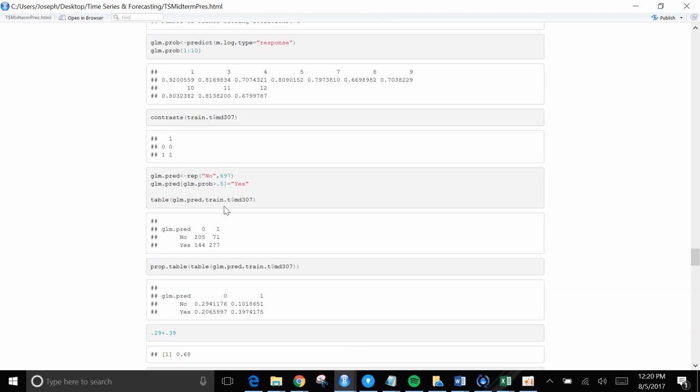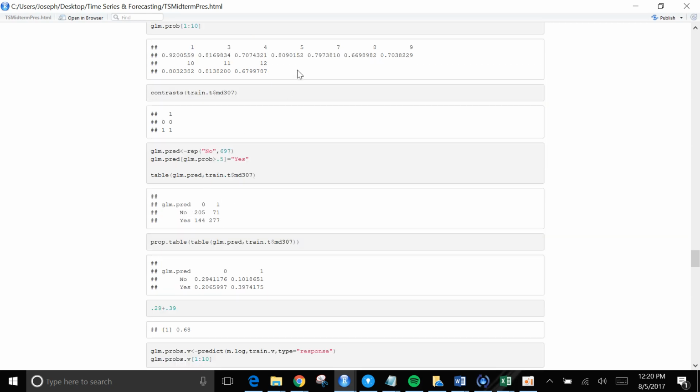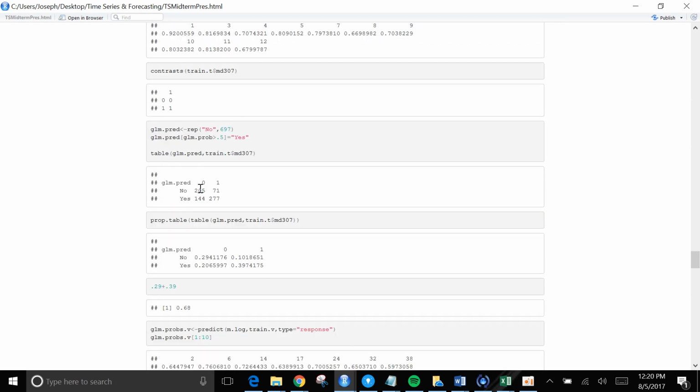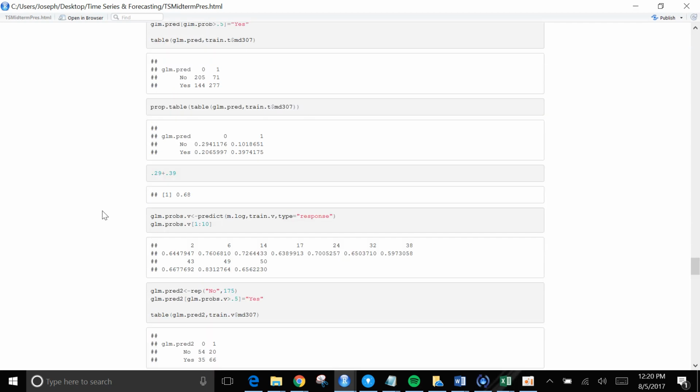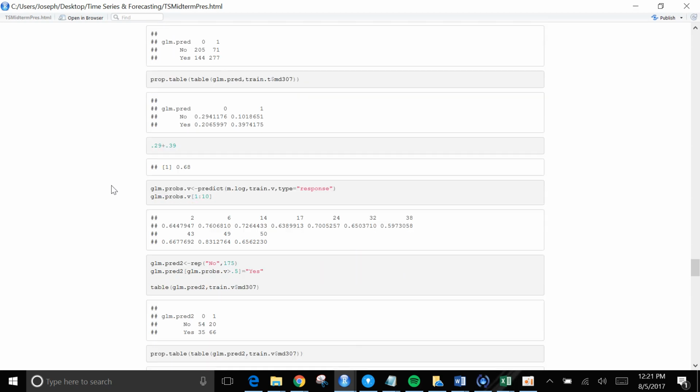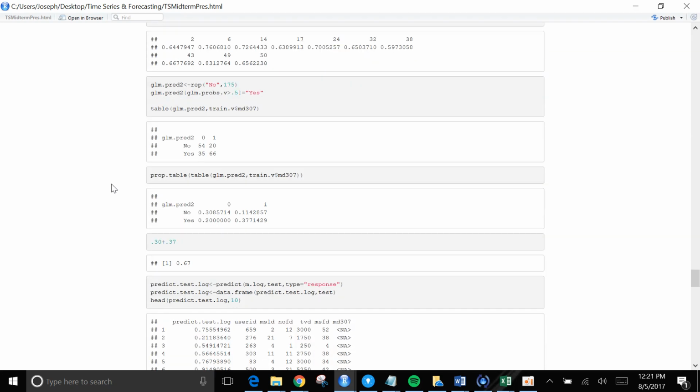Then I transformed the probabilities over to the binary 1 or 0 classifiers, and ran the confusion matrix, the confusion tables, on here. On the test data set, it only achieved a 68% classification rate, and on the validation set, 67%.